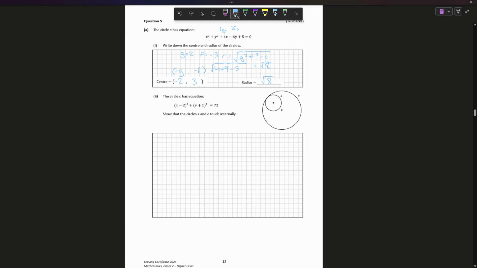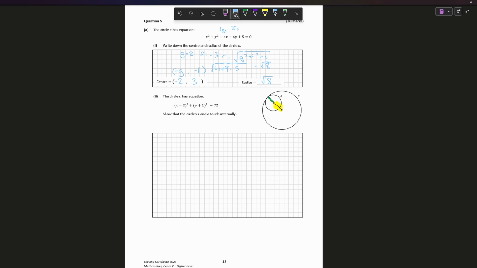So there's two things we want to keep in mind, okay? If we take a look at the radius of C, that's like that, let's say, okay? And then if we take a look at the radius of S, that is purple again, like this, okay? So what we see is if I do the radius of C and then take away the radius of S, what I actually get here is the distance between the 2 points, right?